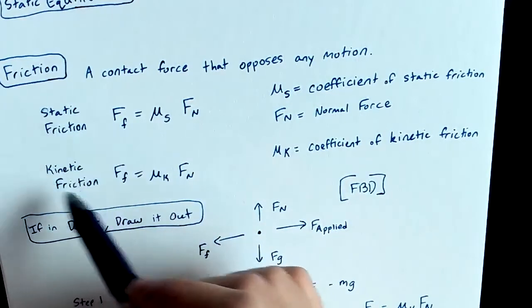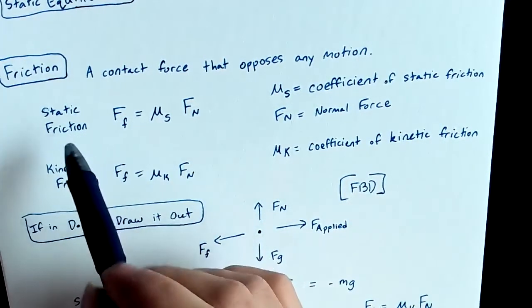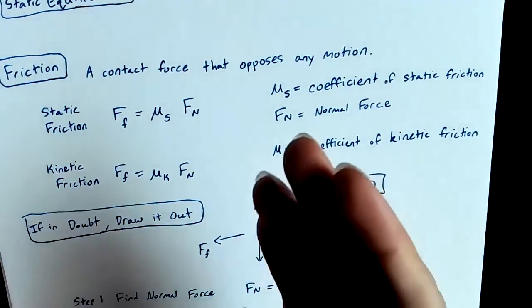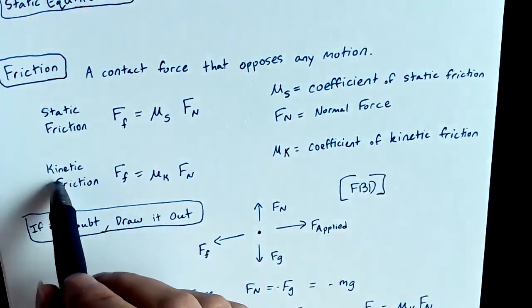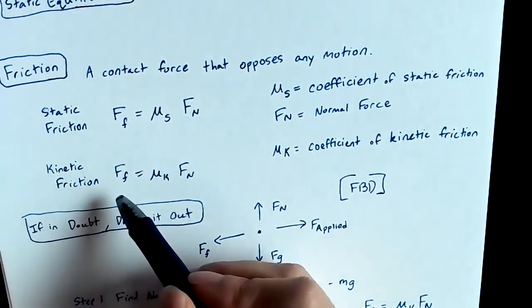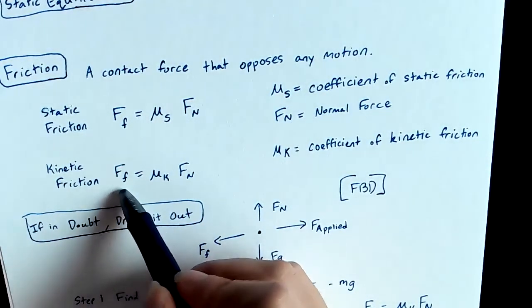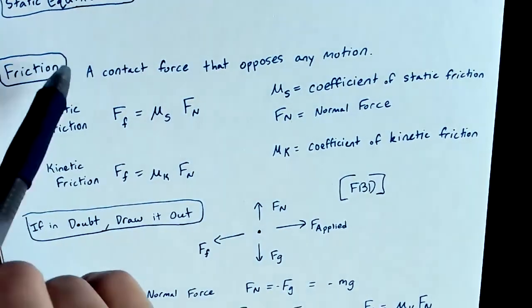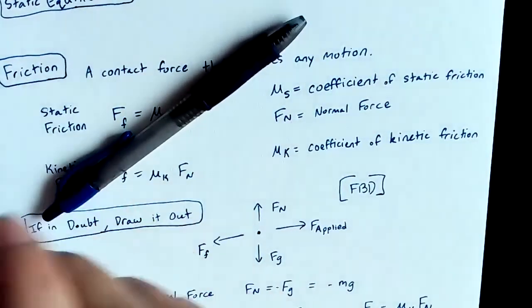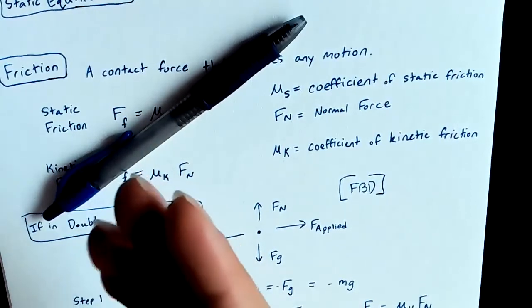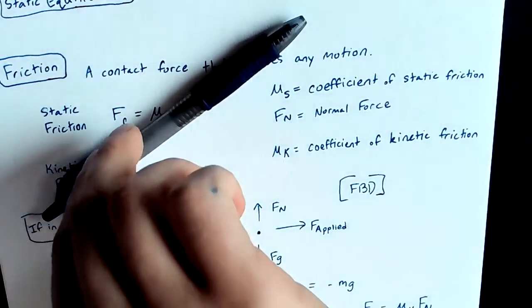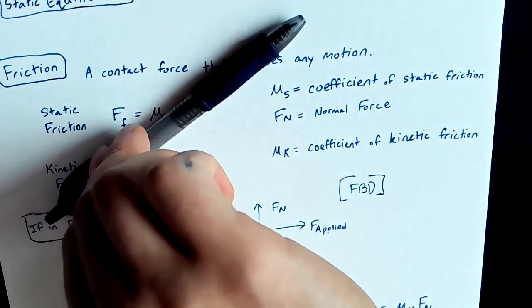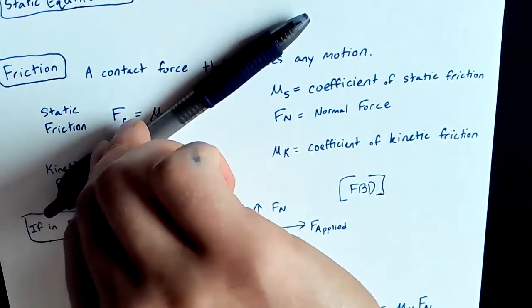There's static friction and then kinetic friction. Static friction is the force you need to make it move at all. And then kinetic friction calculates the force once the object is moving. So static friction, let's say this pen is lying still. I need to exert a certain amount of static friction to make it budge.